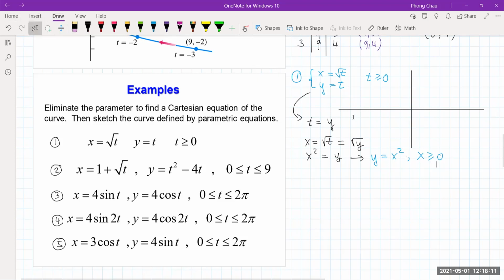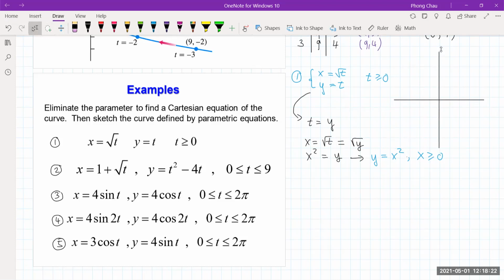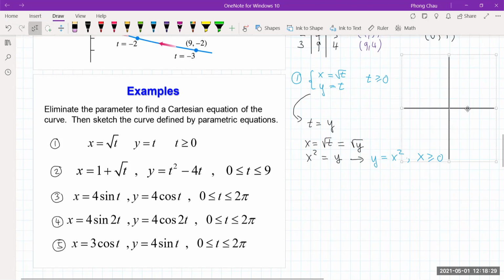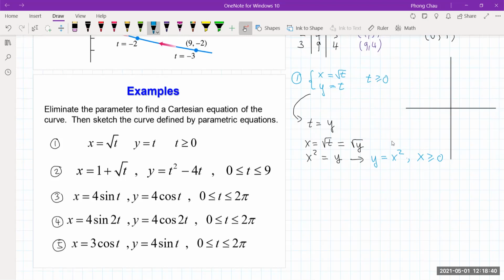So this is equivalent to this graph where x is greater than or equal to 0. So can you sketch that? Yes, I can. This is an actual parabola. Let me make this a little bit longer so it looks like a parabola opening up at the origin, right? So I can plot the points quickly here. 0, 0, we have that point.